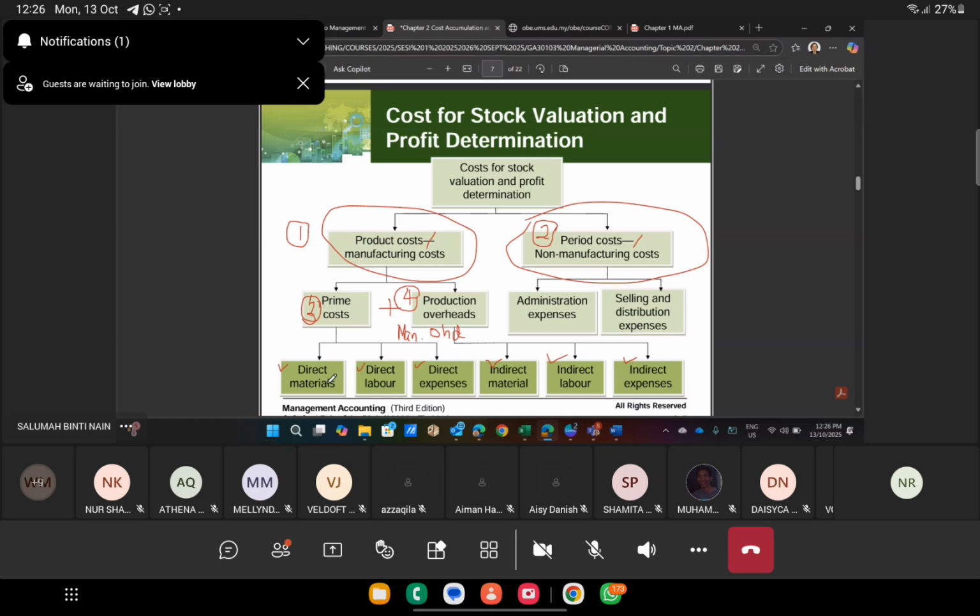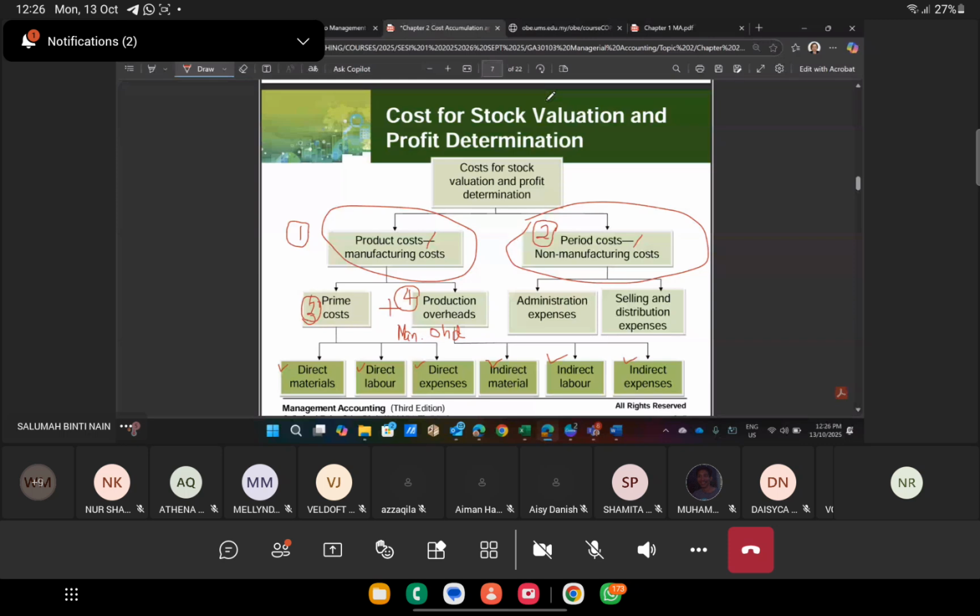Prime cost is direct material, direct labor, and direct expenses. And manufacturing overhead or production overhead is indirect material, indirect labor, and indirect expenses. So this is product cost. For period cost, there are only two categories, which are administration and selling and distribution expenses.